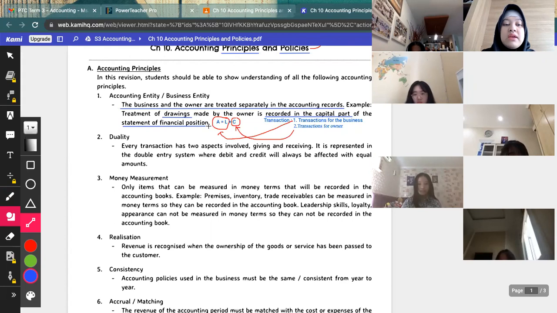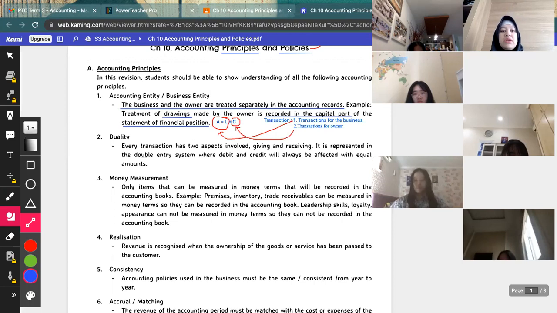Oh yeah, okay. So that's how the statement is about accounting entity and business entity. And by the way, the sentence I present is the language that is usually used in the IGCSE. So you get familiar with that.